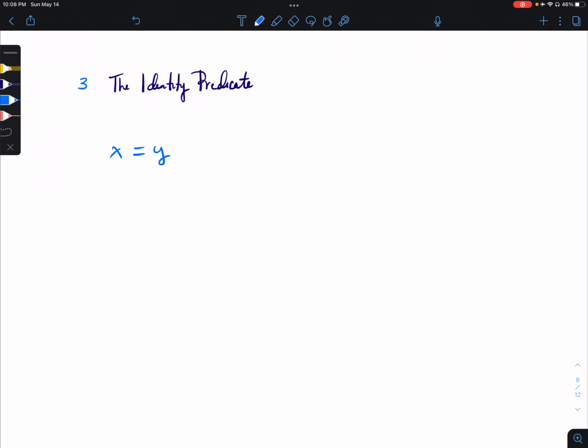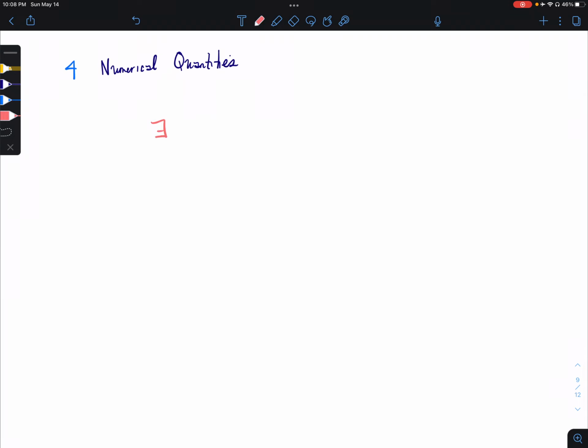So what are we going to do with this identity predicate? I said it's really useful. Well, let's talk about quantities of stuff. We have our existential quantifier, so we can write something like ∃x Px, and we said the existential quantifier means at least one.